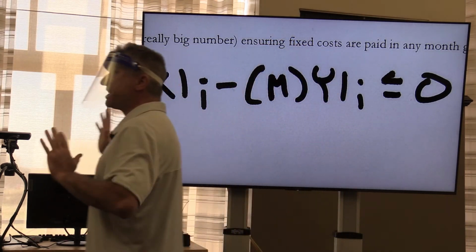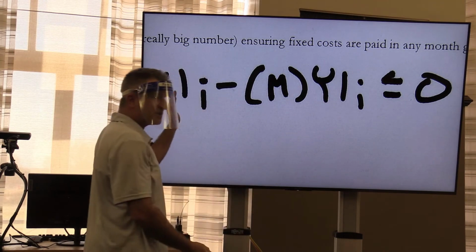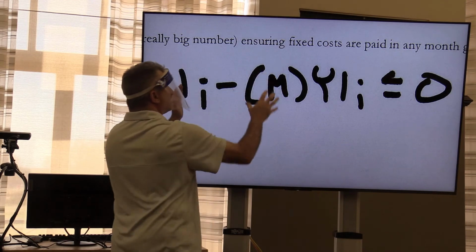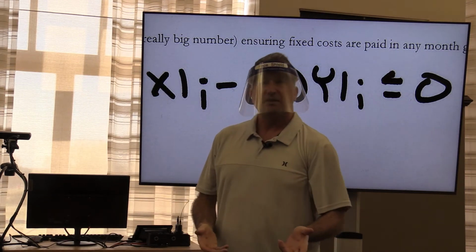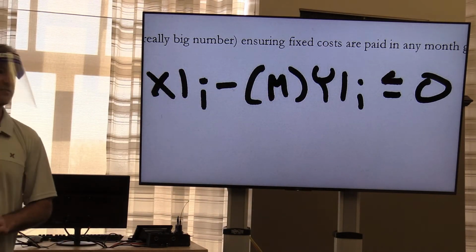So if x1 is ever positive, Excel is going to have to also make y1 positive, which multiplied by the big number gives us this big negative number over here, which ensures it's less than 0. So it's just a creative way to make sure we're actually paying the fixed cost whenever we produce any of x1i.